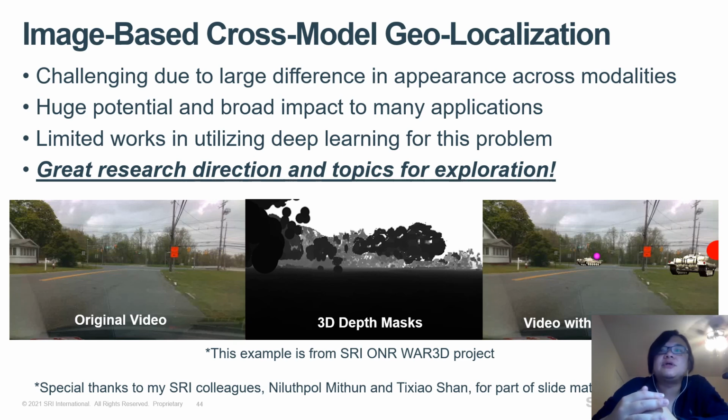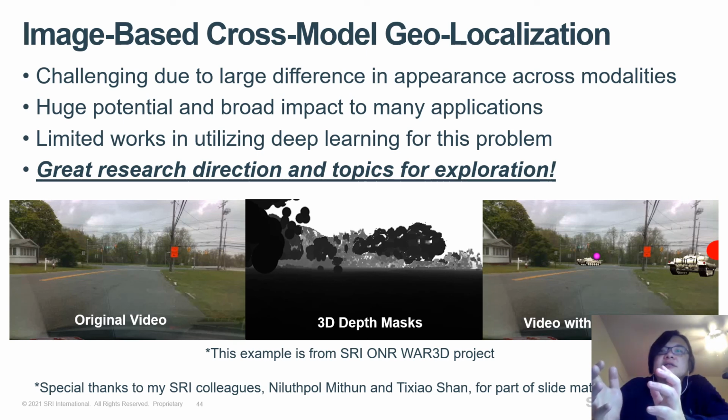Here we show an example of a potential application for cross-modal geo-localization. The left side shows the input ground image. The middle part shows the 3D depth map from the reference database, which has LiDAR point clouds, using the cross-modal geo-localization results.